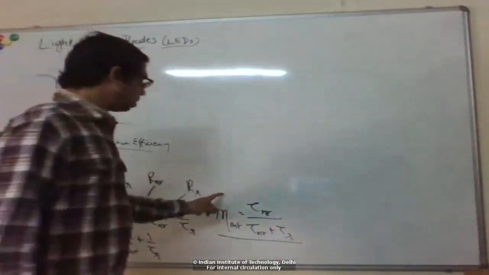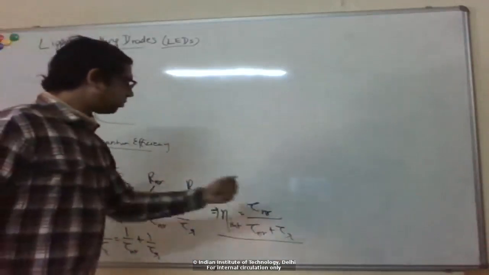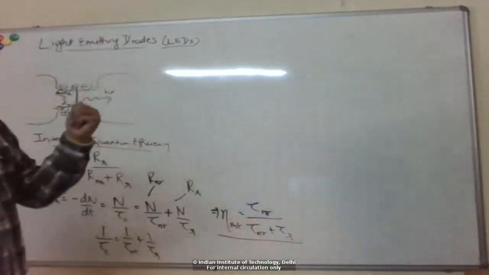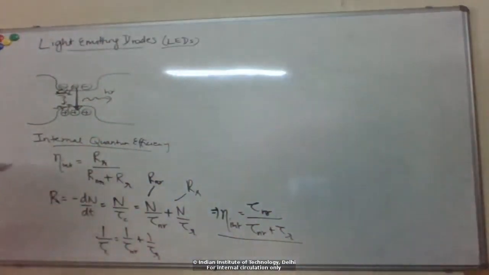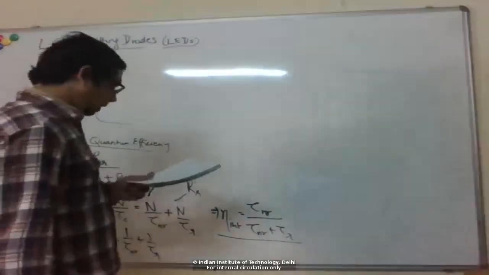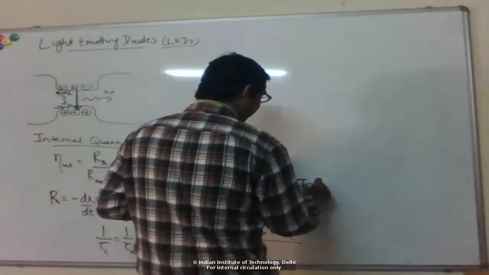So in terms of the lifetime, we want the non-radiative lifetime to be much larger, or in terms of the rate, we want the radiative rate to be much larger.